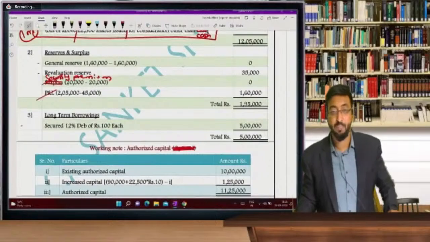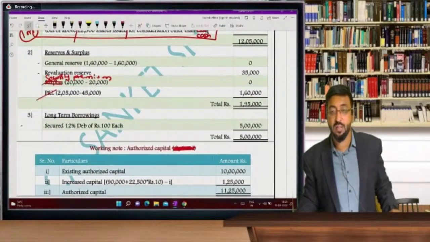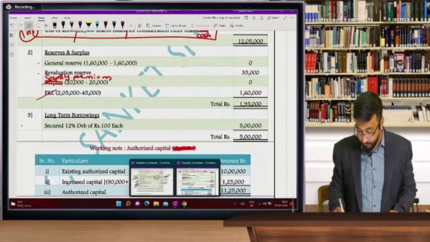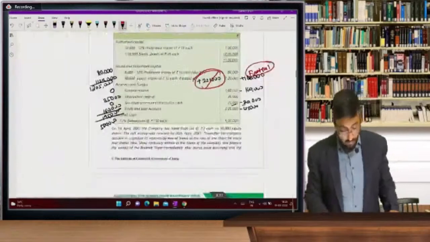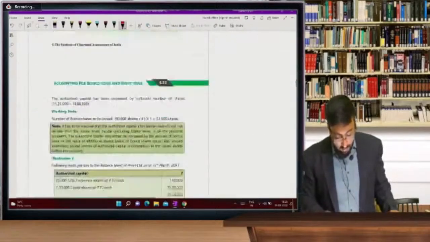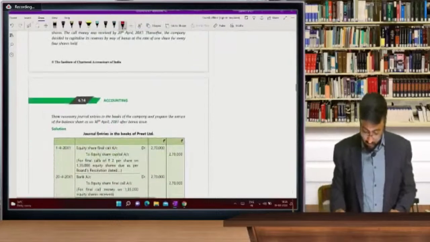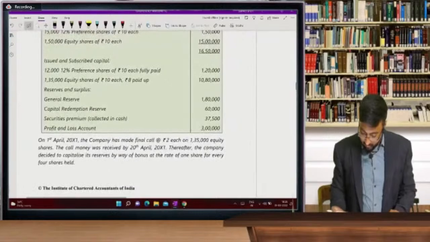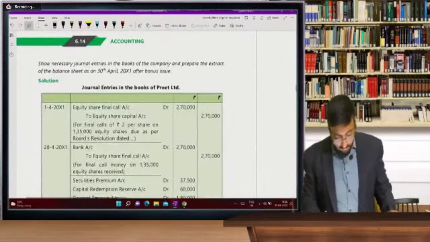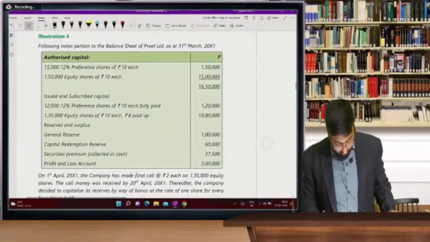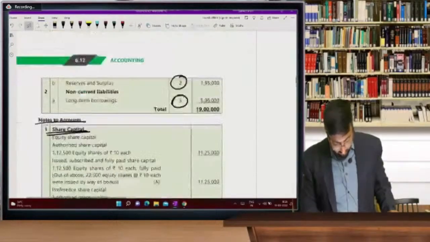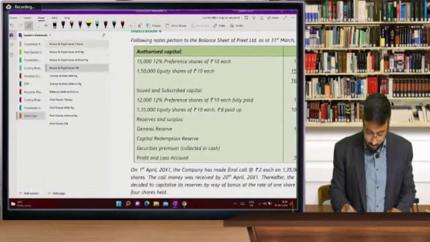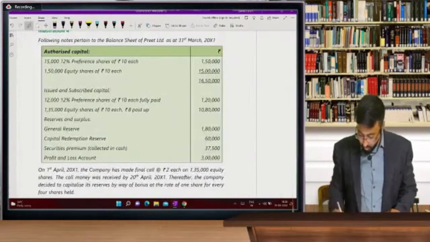Yes beta. So now we have finished illustration number 3 and we are going to start illustration number 4. Illustration number 4. Yes, anyone who tried ILU 4? I think it's simple, na? It's same, beta. ILU 4 same or different?